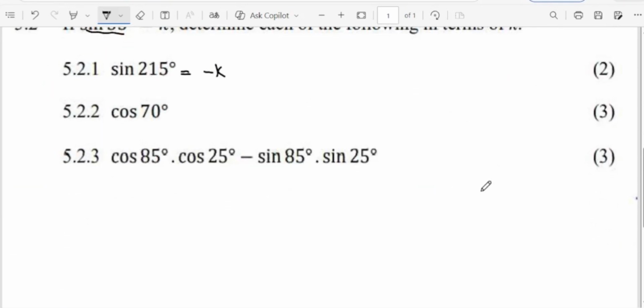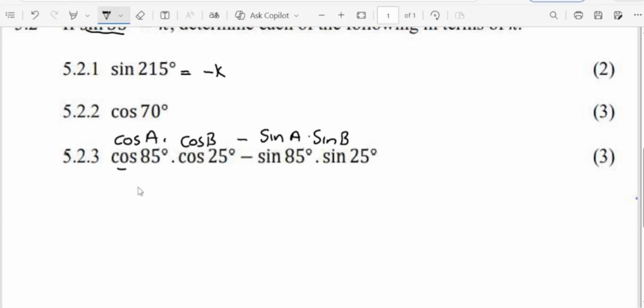So let us discuss how we're going to get the last one. How are we going to get this? We can see that we have the cos of A multiplied by the cos of B, then minus the sine of A times the sine of B. This is a compound angle for what?